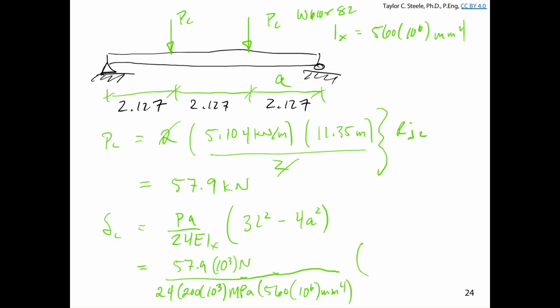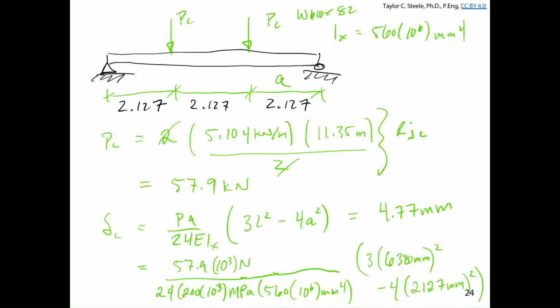That gets multiplied by 3 times L squared, which is 6,380 millimeters, the total length of the girder, minus 4 times A, which is 2,127 millimeters squared. And if we calculate that deflection for live load, we end up with 4.77 millimeters.